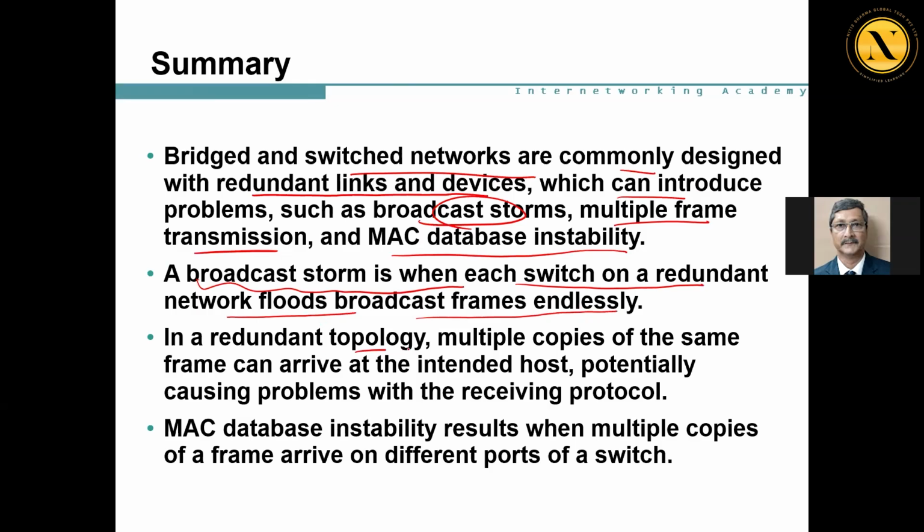In a redundant topology, multiple copies of the same frame can arrive at the intended host, potentially causing problems with the receiving protocol. MAC database instability results when multiple copies of a frame arrive on different ports of a switch, right?